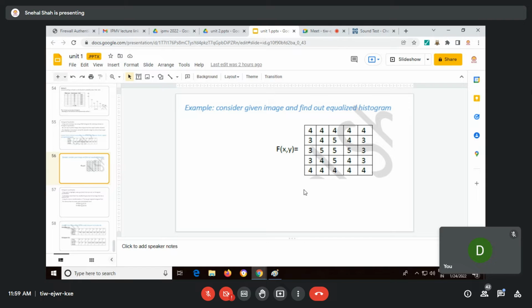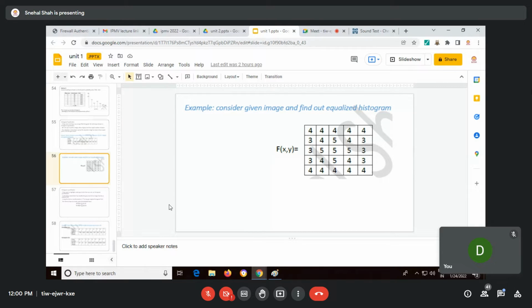So how can we make this table? First you have to decide the number of gray levels. The same concept you have to apply over here. The maximum value is 5, and for 5 we need 3 bits for the binary representation. So definitely the value of L is equal to 8. So the number of gray levels are 0 to 7. Okay, so write down this table first.